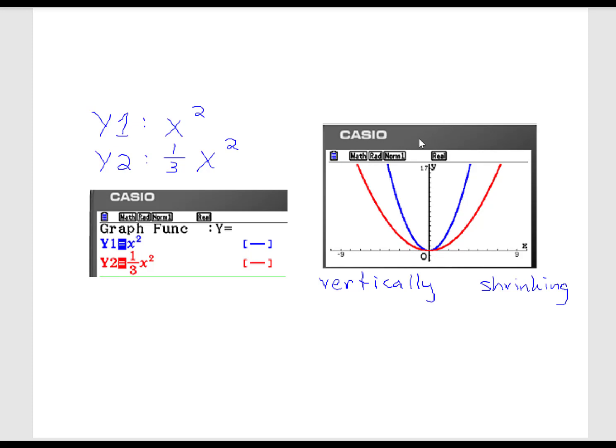And so notice that the original function x squared is here, and then 1/3 x squared, it widens out. So vertically, it shrunk, widening out. Again, thinking of a rubber band, if I'm holding a rubber band like an O in between my fingers and I squeeze it at the top and the bottom, vertically shrinking it, it's going to flatten out.